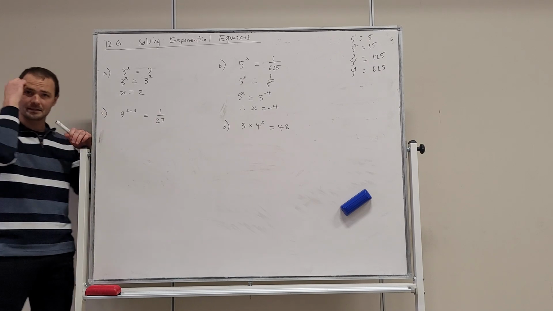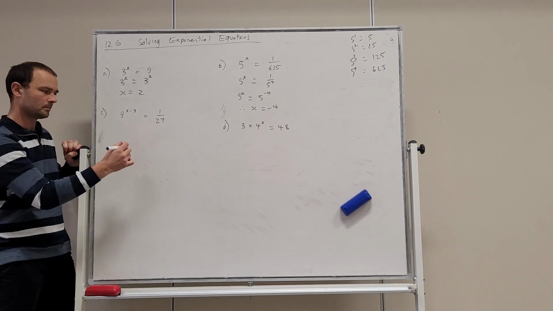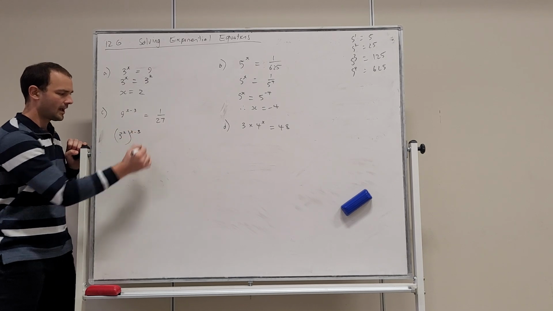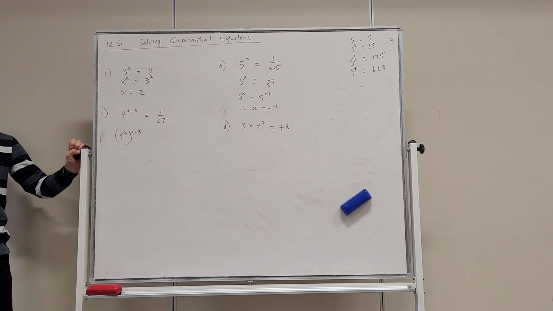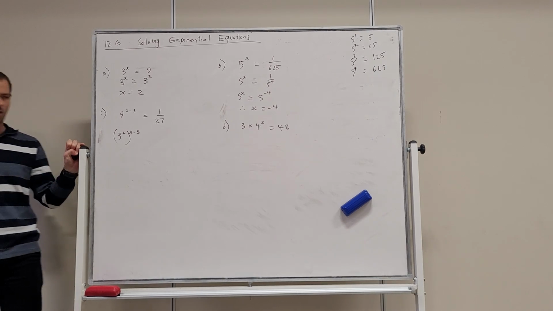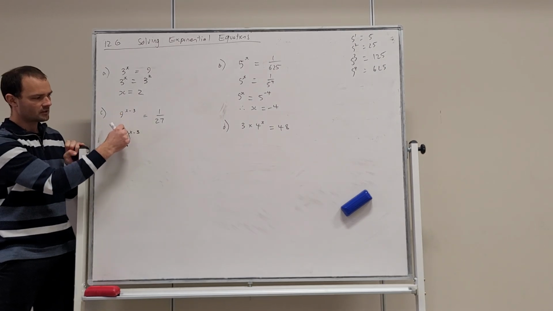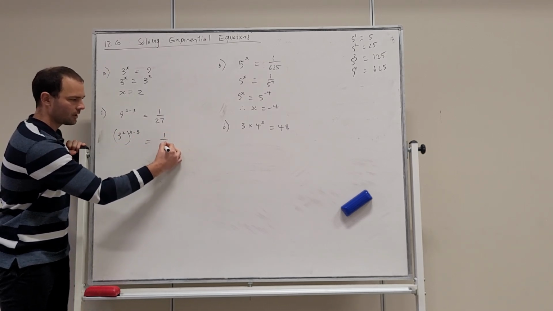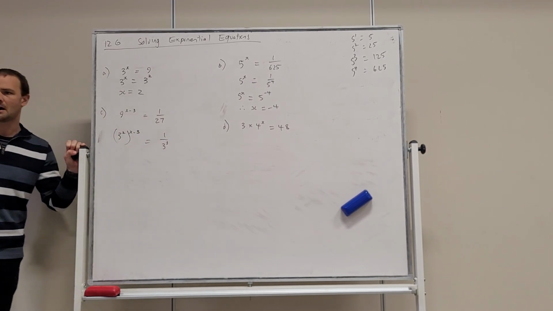So already I'm starting to think, what's a base that they have in common? So that's going to be 3 squared, and I absolutely have to have it in brackets because that 2 is going to distribute to both of those in a moment. And over on this side, we'll have 1 on top of 3 to the power of 3.